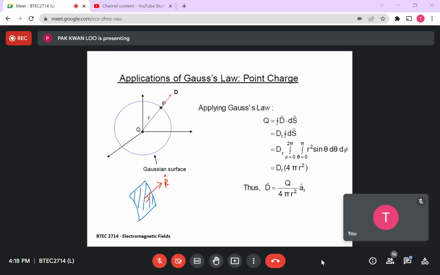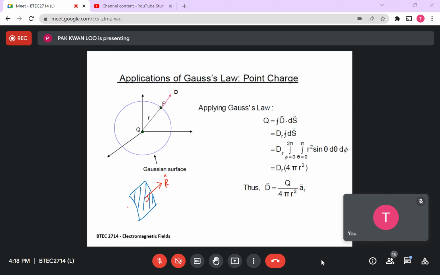So therefore, by this Gauss law, the electric field direction coming from the point charge is also perpendicular to this surface, or in other words, it is parallel to the normal direction of the surface.